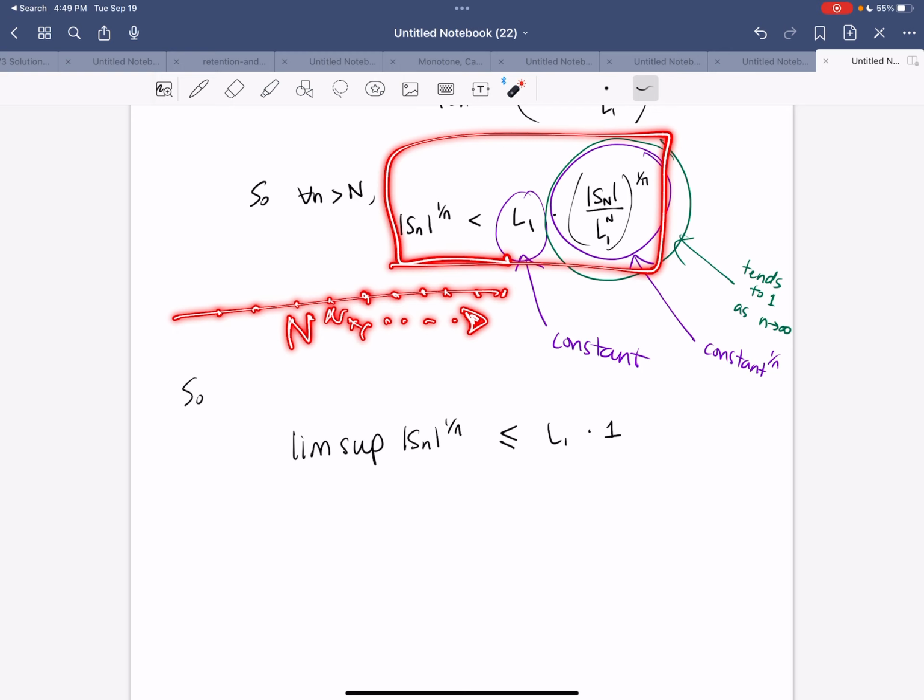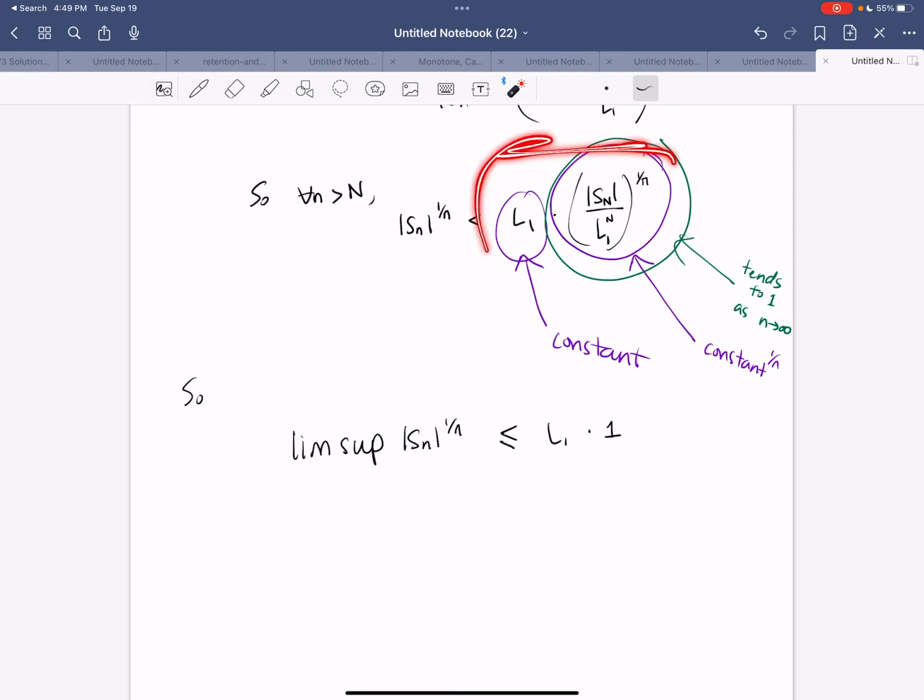So when you look at the sup of the terms past N, they have to be less than this, which is less than or equal to L1, right? So now if the sup is less than or equal to that, at some point the sups of the tails of your sequence will be less than that. Remember, the limsup will be the limit of that monotonically decreasing sequence of sups.